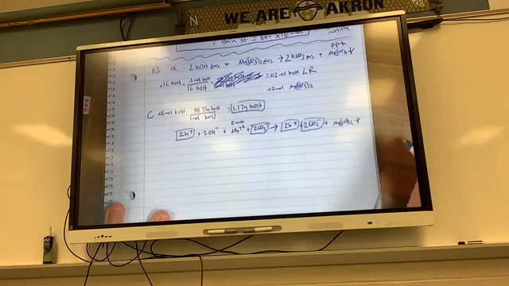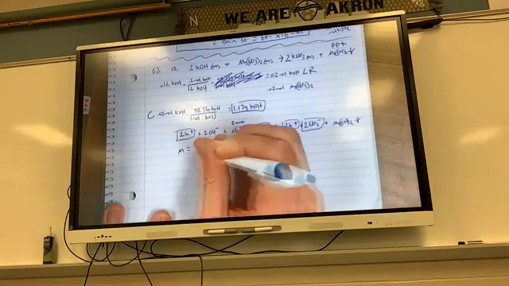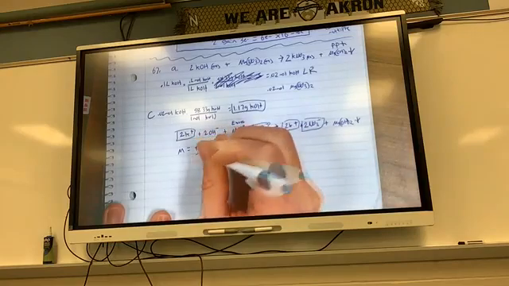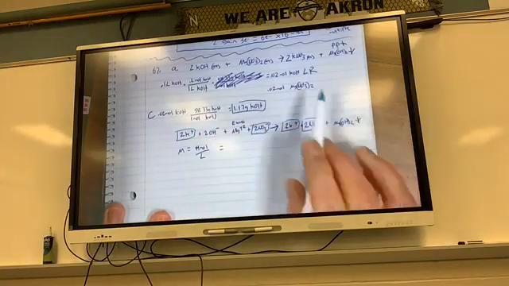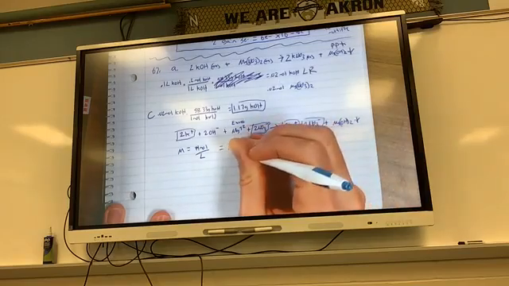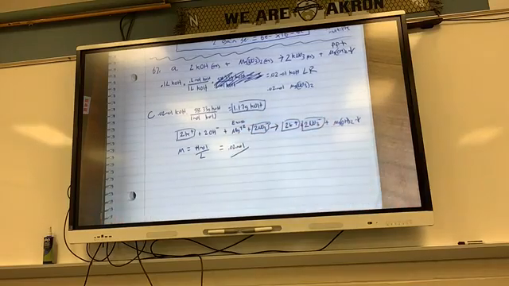So potassium, we know that molarity is equal to number of moles per liter. For potassium, I have 0.02 moles divided by what liters? What's my liters going to be? Why are we adding?